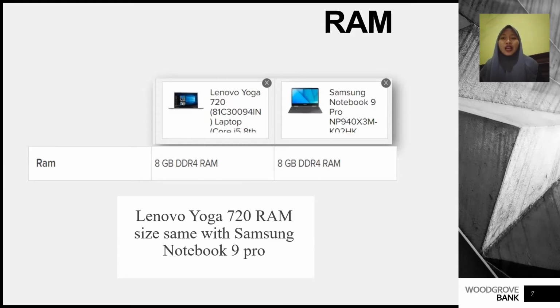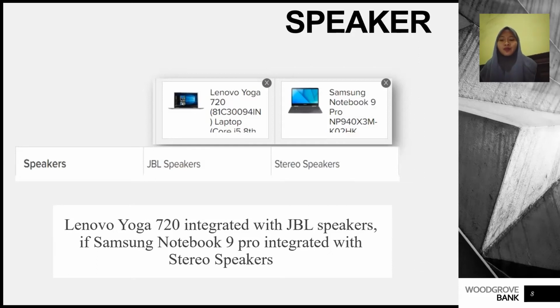Lenovo Yoga 720 RAM size is the same as Samsung Notebook 9 Pro. Okay, and then the next explanation will be explained by Safira Istifarini.